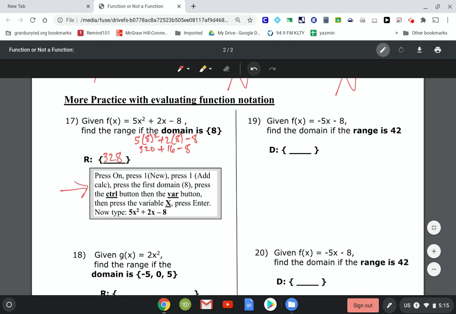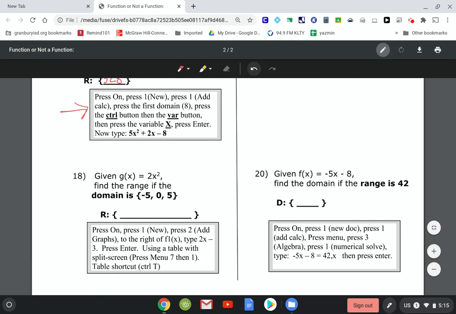All right, let's look at number 18. It says given g of x is equal to 2x squared, find the range if the domain is all three of those numbers. Okay, so again, you can put this all in your calculator. There's a little bit different way that you can put it in, so I would encourage you to practice the different functions on the calculator.